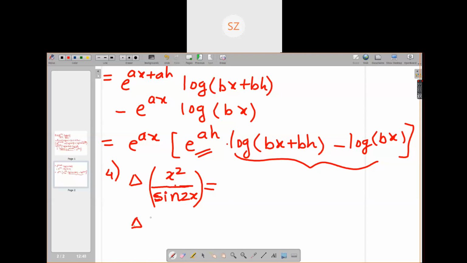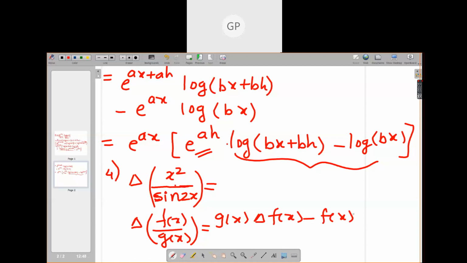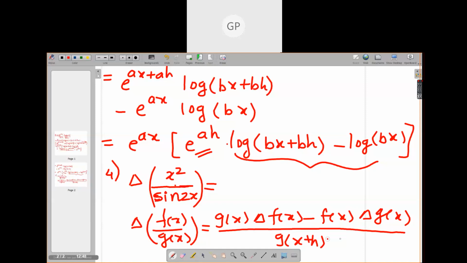So delta f of x upon g of x, you have to recall, that is gx delta fx minus fx delta gx divided by g of x plus h into g of x, right?